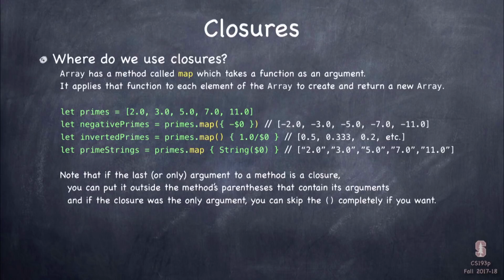The rule here is if the last argument to any function is a closure, you can move the closure outside the parentheses of the arguments. Okay, so see in the second line, inverted primes, how I moved the closure outside. And furthermore, if it's the only argument, then you can just get rid of the parentheses entirely. That's the third line. Okay?